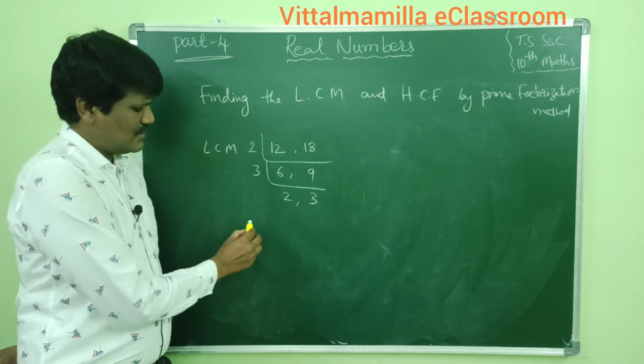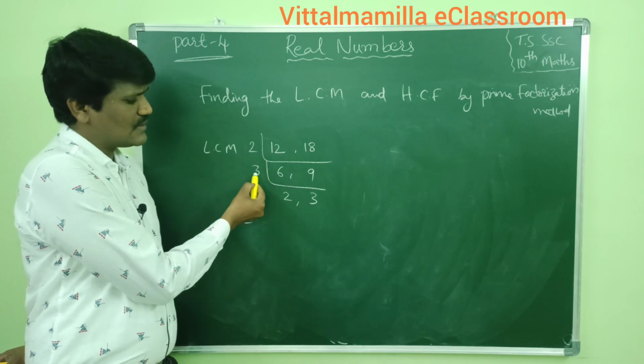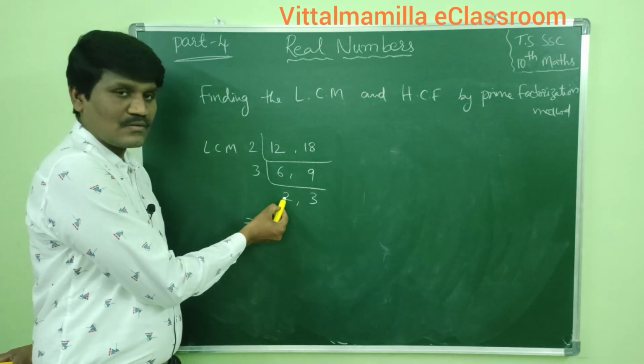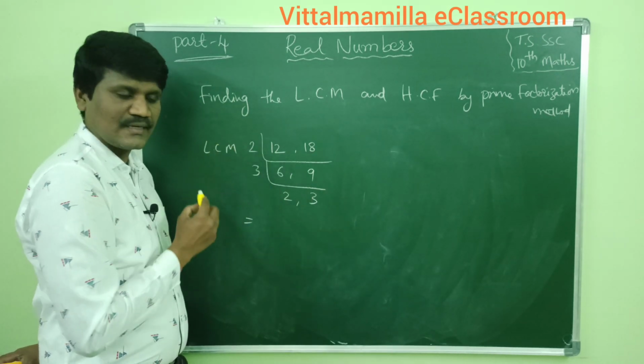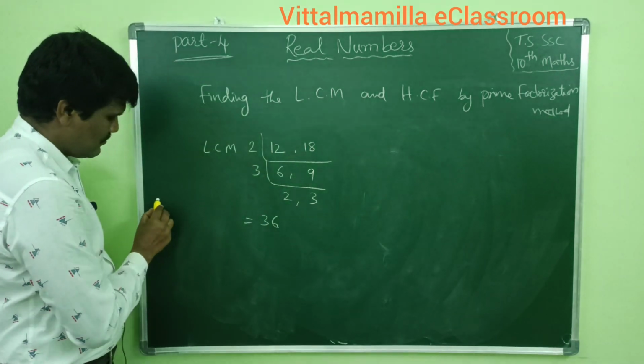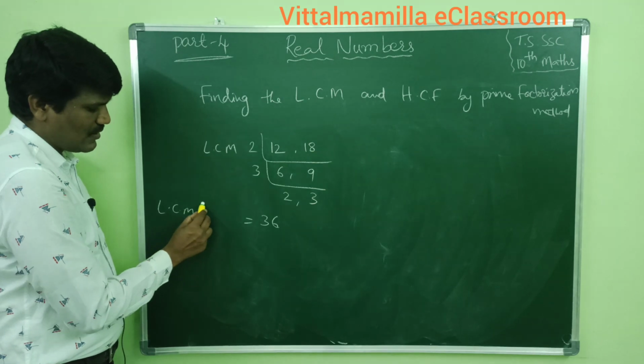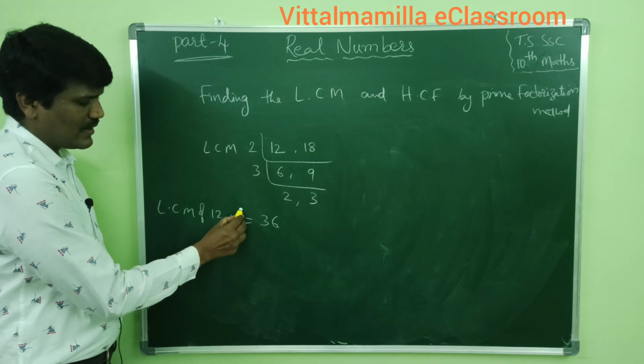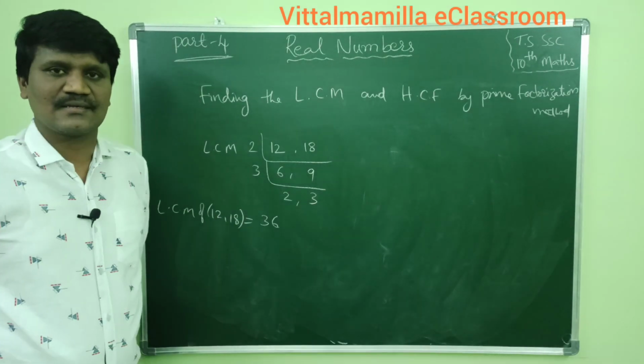You stop here, right? If you multiply 2 3s are 6, 6 12s are 36. So LCM of 12 and 18 is 36.